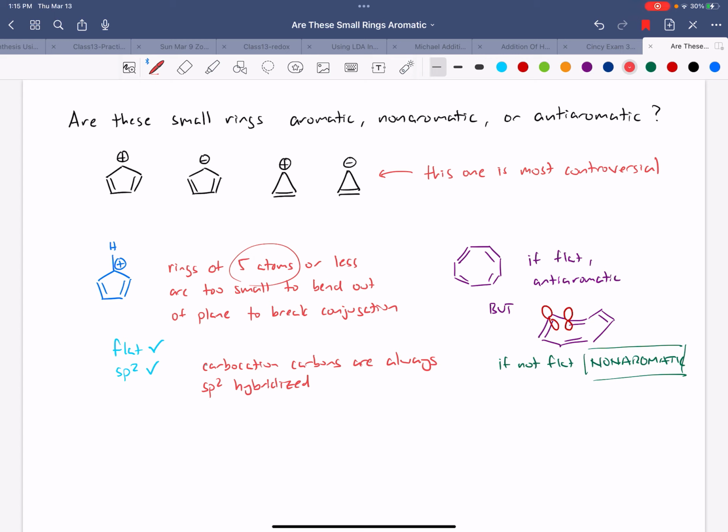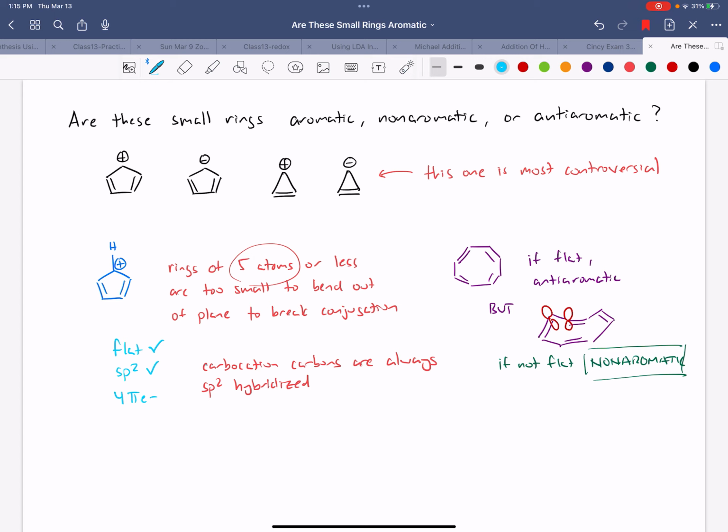Look at this. How many pi electrons are there? There are no lone pairs here on this sp2 atom, but this sp2, this sp2, this sp2, this sp2, they each have one electron in a p orbital. The p orbitals are part of the pi system. So yes, there are 4 pi electrons.